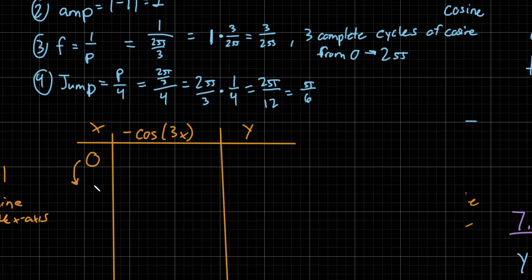And then I have to jump each time. What am I jumping by? Pi over 6. So pi over 6. And then if I add another pi over 6 to that, what do I get? Just add the numerators. The denominator just stays the same. So I have 1 pi plus 1 pi. Perfect. 2 pi over 6.